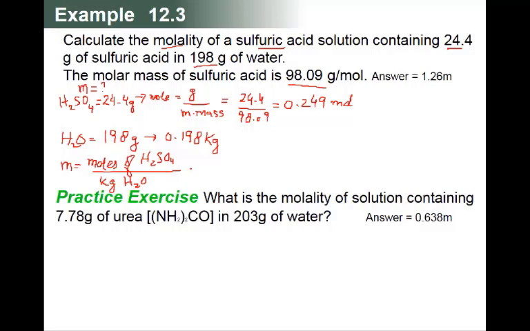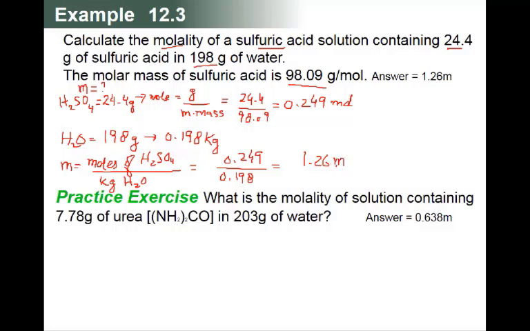That's why we convert into kilogram. So moles are 0.249 divided by 0.198, which is equal to 1.26 molality.